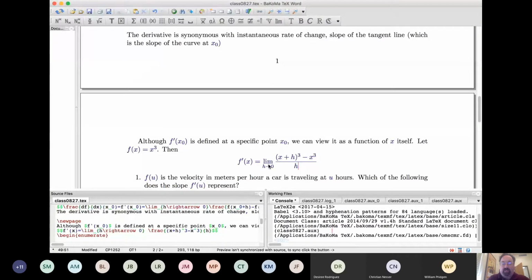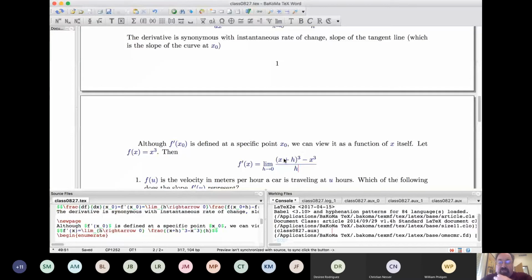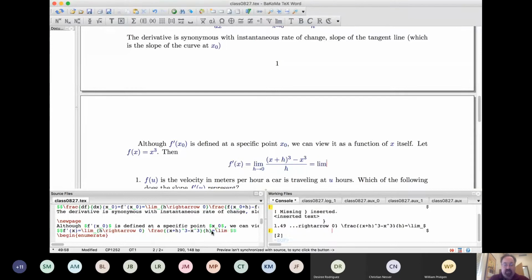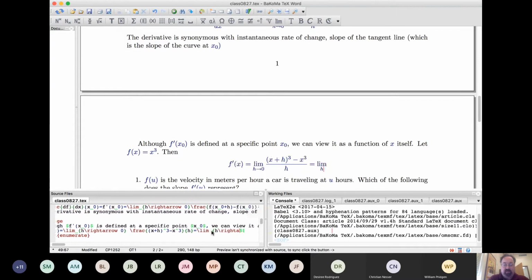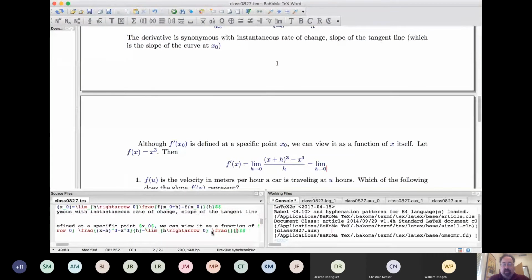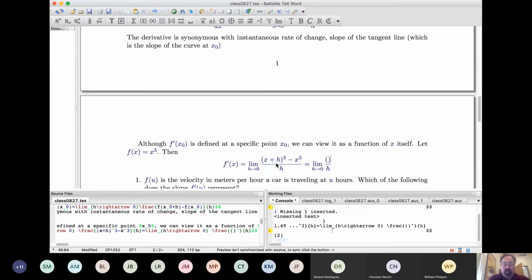And then we see what happens as h goes to 0. So same idea. I'm just not setting a specific number here. So x is just x. So I could try working this out. And if I were to do that, there'd be a little more work involved because we're cubing instead of squaring.